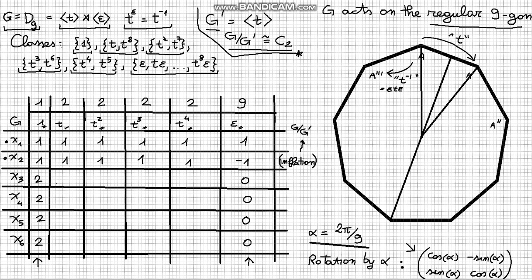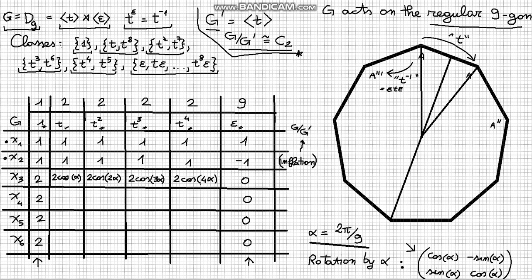So we just discovered that the first line will be 2 cosine of alpha, and then t squared will be the same, but instead of rotating by alpha, you are rotating by 2 alpha. T cubed is the same, but you rotate by 3 alpha. And t to the 4 is 2 cosine 4 alpha.